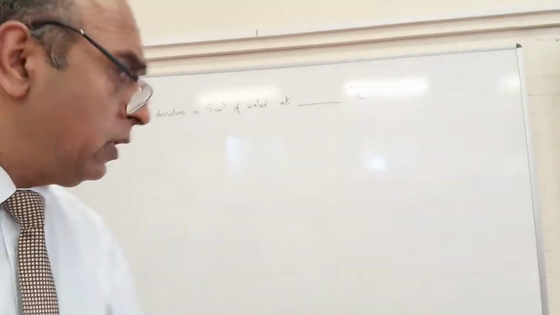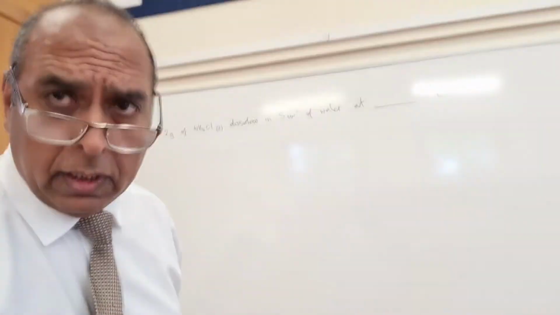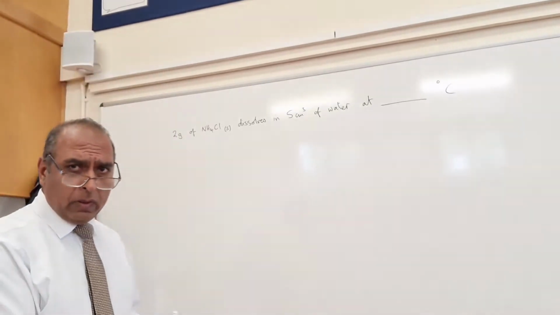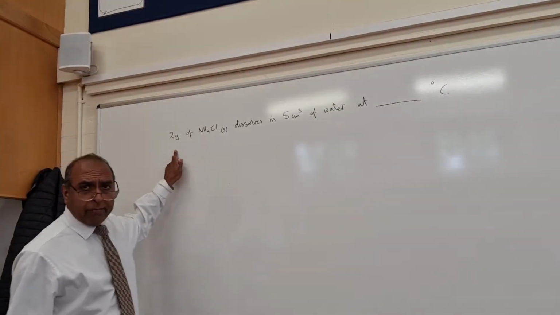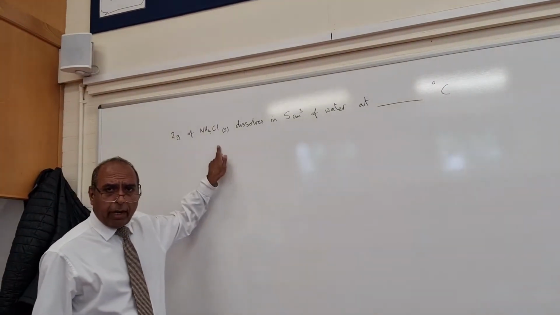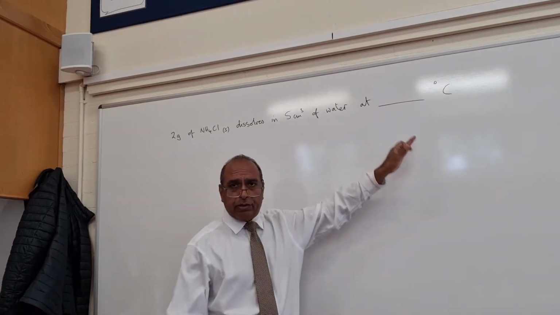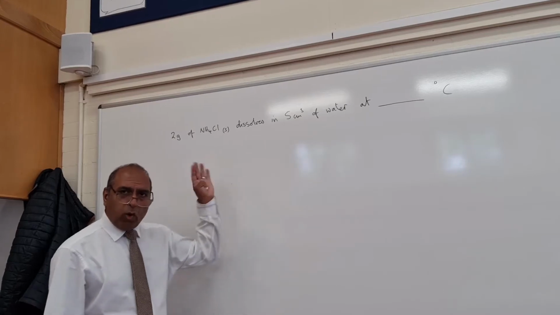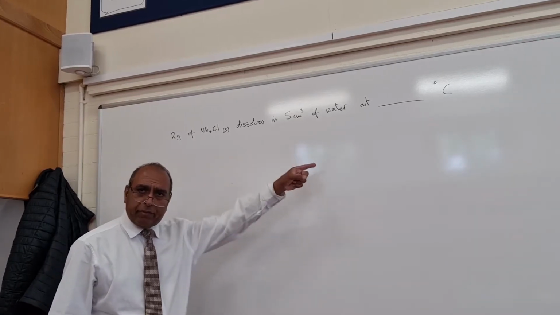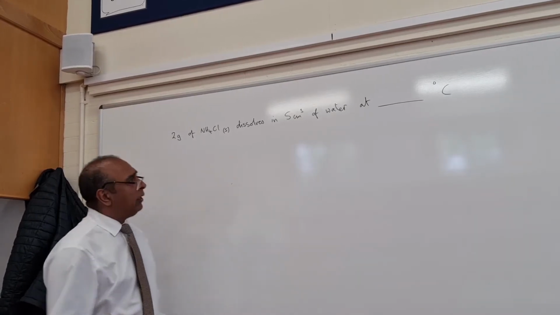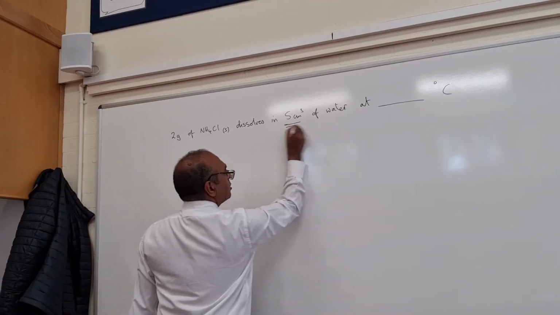Now if you find 2 grams of ammonium chloride dissolved in 5 centimetre cubes of water, and we'll find out what temperature in a minute, then what will the solubility be at that temperature, whatever it is? Well, I want you to focus on this.